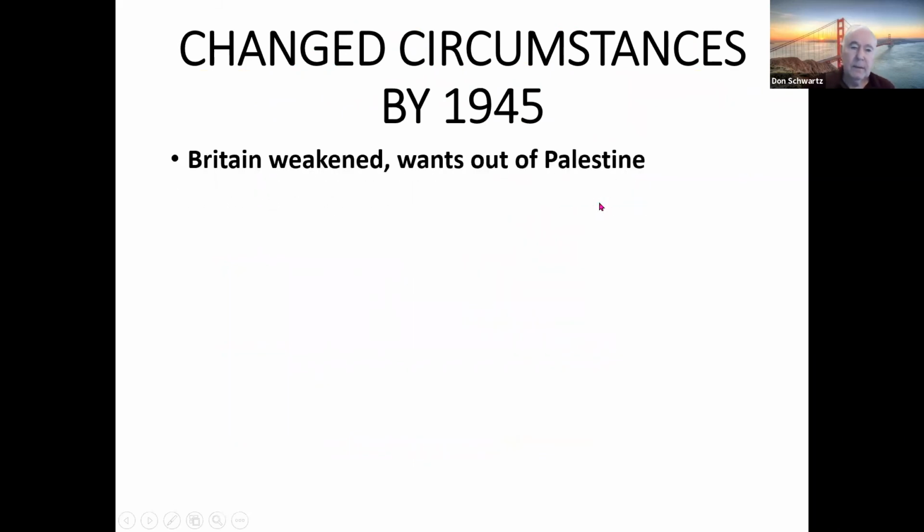By then, Britain, which was the mandatory power over Palestine, was greatly weakened by the war, and it wanted out of Palestine because of the conflicts growing between Jews and Arabs. In addition, the League of Nations was defunct by the end of World War II.